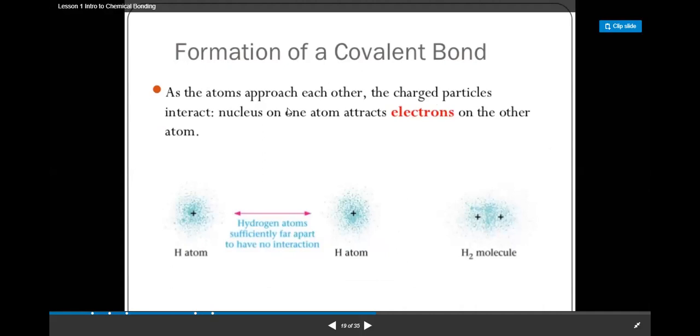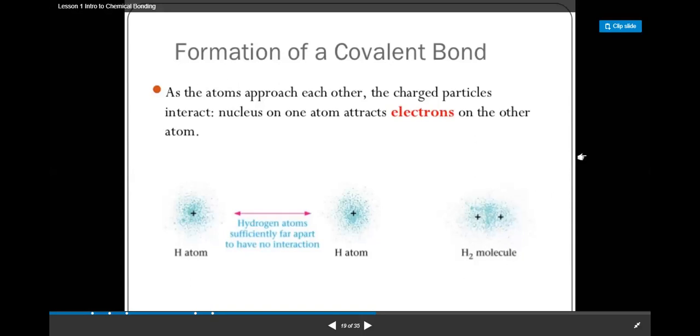As the atoms approach each other, the charged particles interact. The nucleus of one atom attracts the electrons of the other atom. When they are brought closer, the nucleus of each atom attracts the electrons of the opposite atom, and they form a hydrogen molecule.